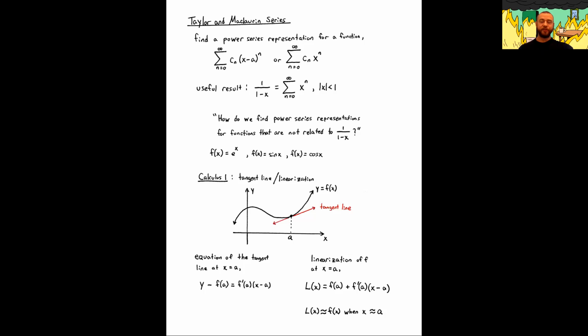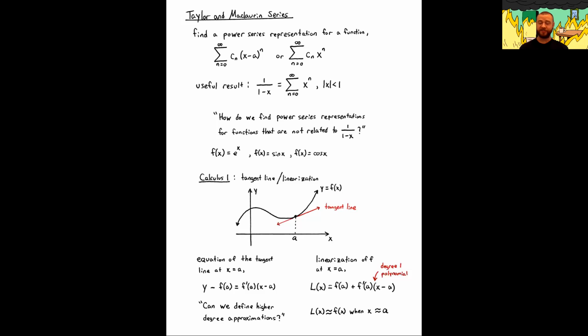What this basically allows you to do is, so long as your x coordinate is close to a, so in other words, on the graph, you're very close to that point, then the red tangent line, which we're now calling a linearization, is close to the graph. We rewrite that as saying the linearization value is approximately equal to the function value when the x value is approximately equal to a.